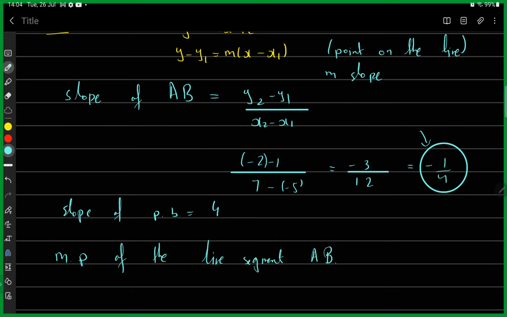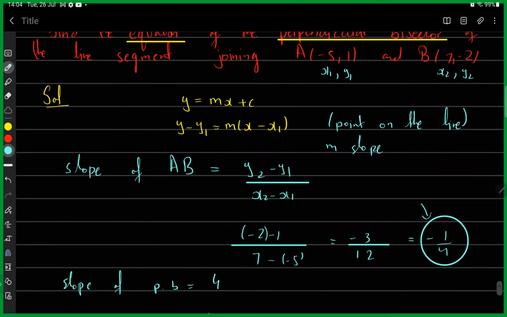I certainly know that since my perpendicular bisector is bisecting the line segment AB, it would be passing through the midpoint of AB. For the midpoint, the formula was very simple. It's x1 plus x2 divided by 2, and y1 plus y2 divided by 2.